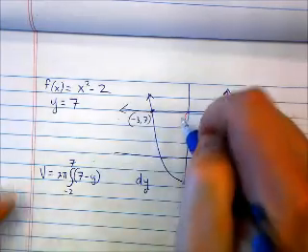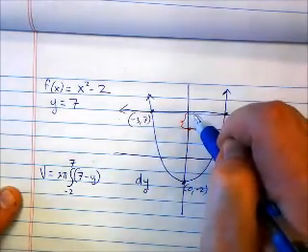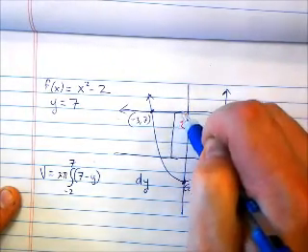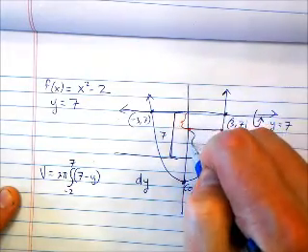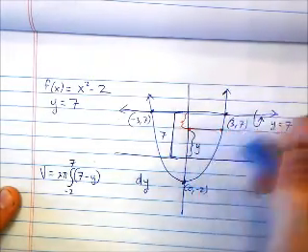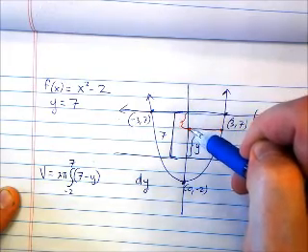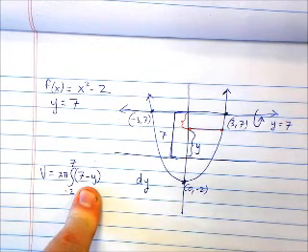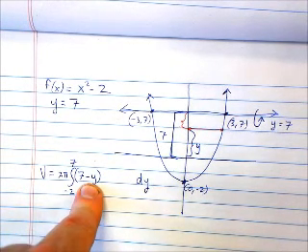Because how long is that distance right there? 7. How far is this distance right here? Y. So how far is that distance right there? 7 minus y. So your radius is always going to be x or y or a number minus y or y minus a number or x minus a number.